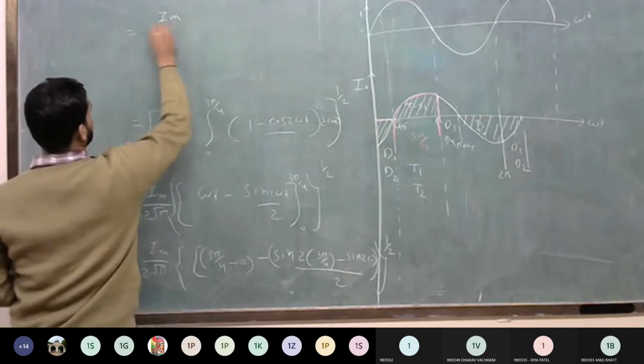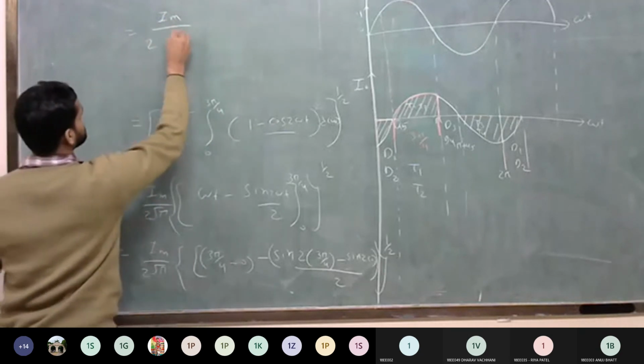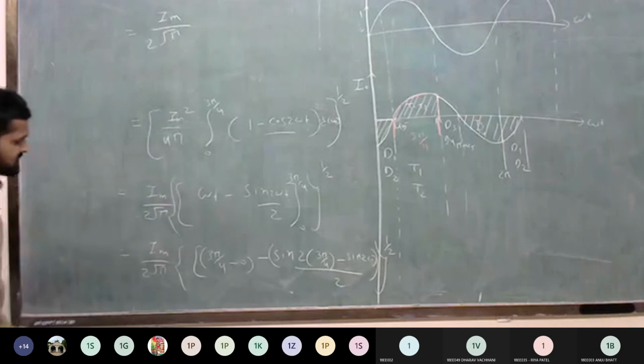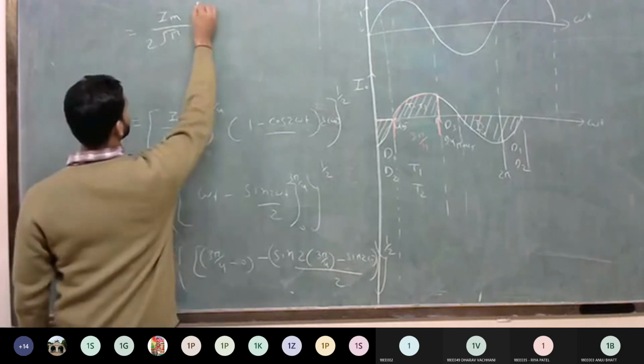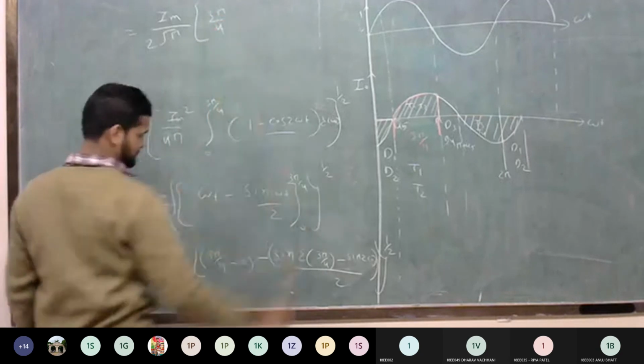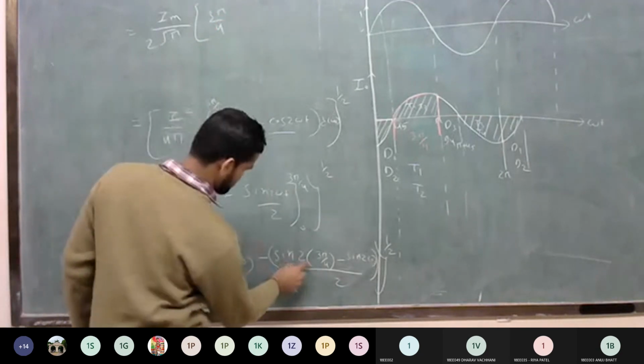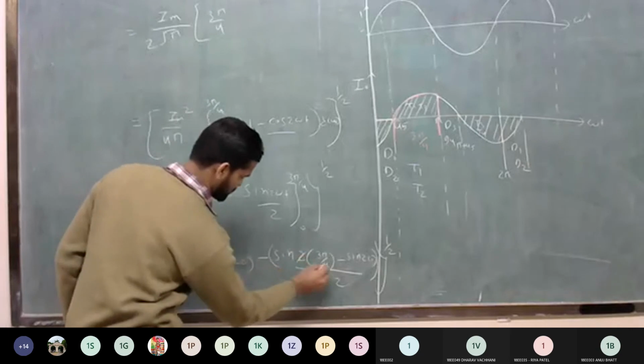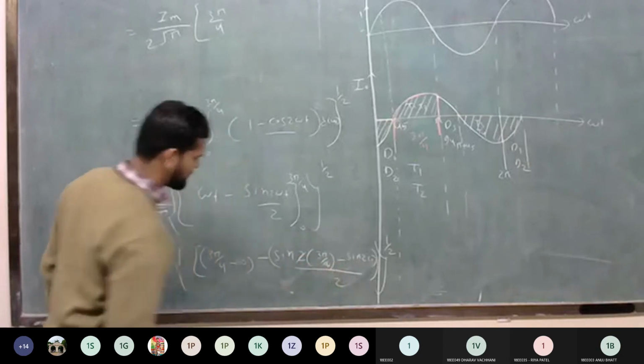It is Im by 2 square root of pi. That first term is 3 pi by 4. Second term here: 2 into 3 pi by 4. So the 2 cancels out here, and it becomes 3 pi by 2.